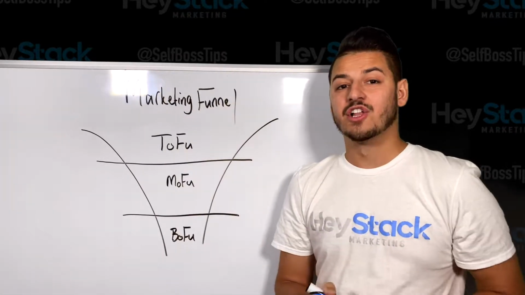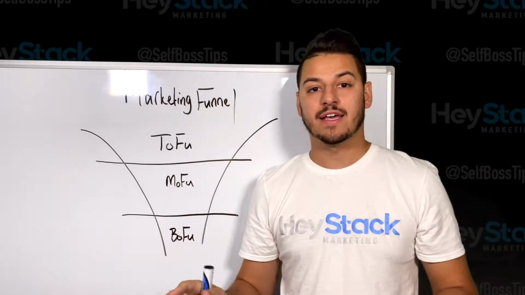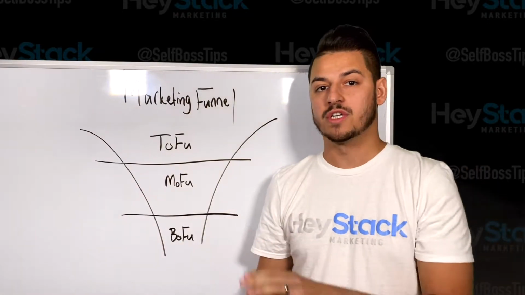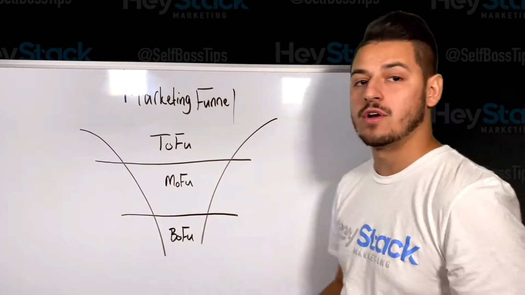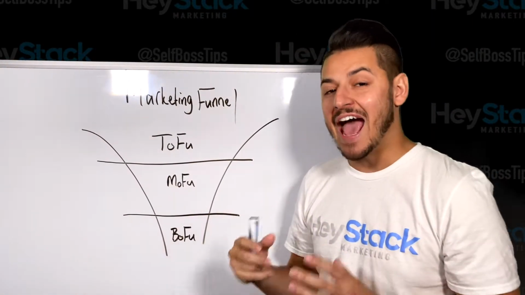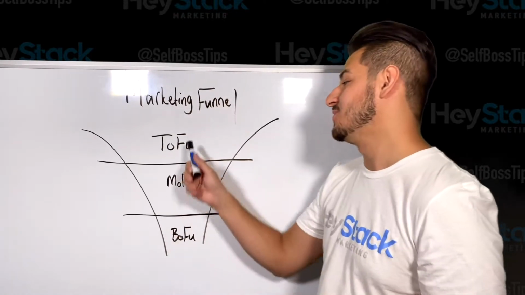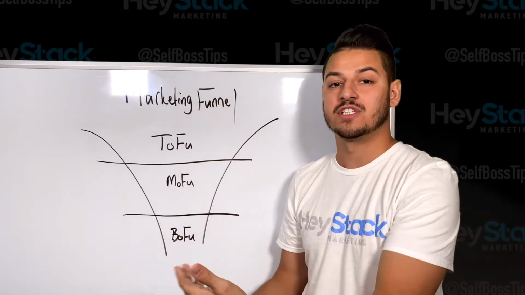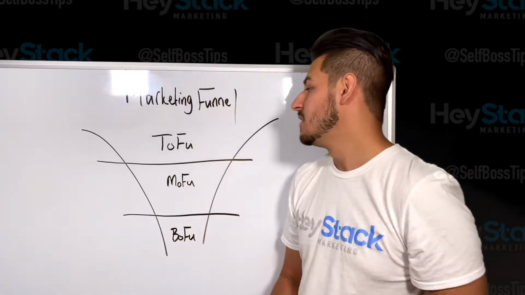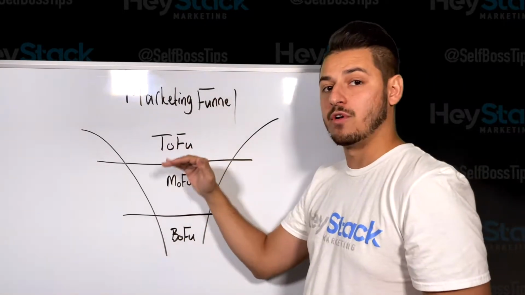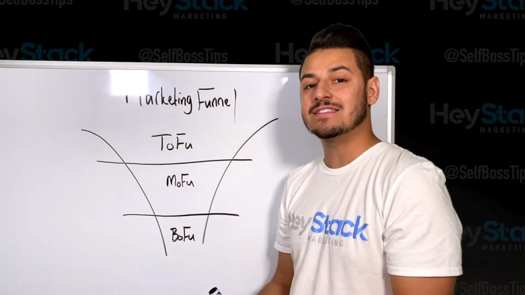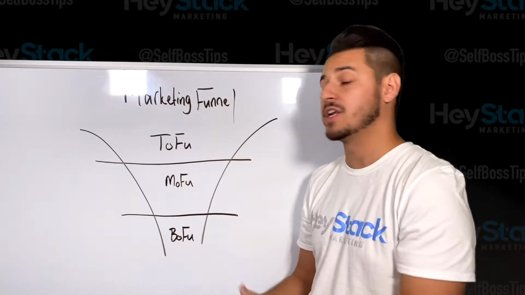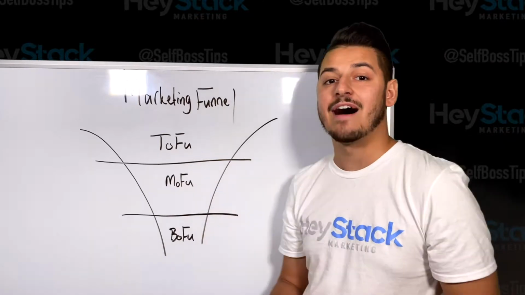So the first thing that you look at when creating any sort of marketing campaign, whether it's traditional or digital, is what piece of the funnel are you targeting? An excellent marketing campaign actually utilizes all three pieces of the marketing funnel to maximize the efficiency of the campaign's spend. So the top of the funnel, it's usually less per click or per impression to target users at the top of the funnel.